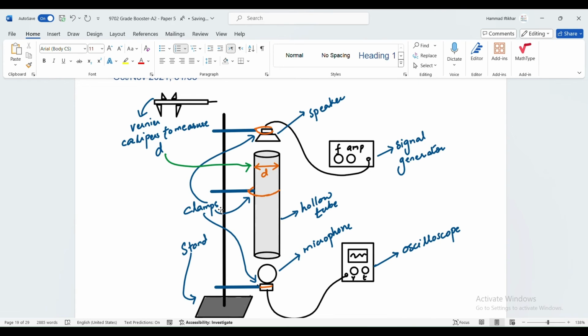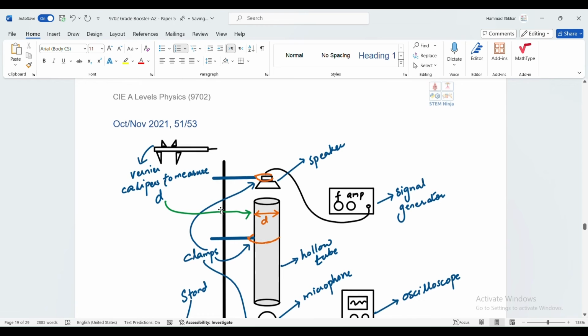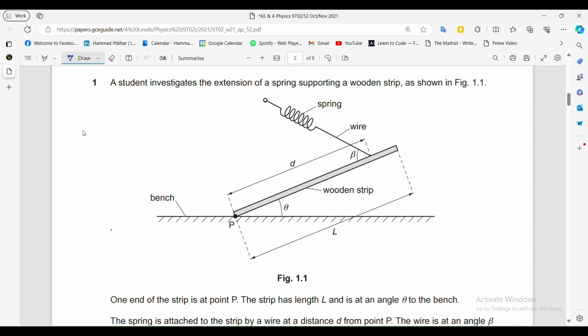Right, okay, moving on to the October-November 2021 variant 5.2. A student investigates the extension of a spring supporting a wooden strip as shown in figure 1.1.